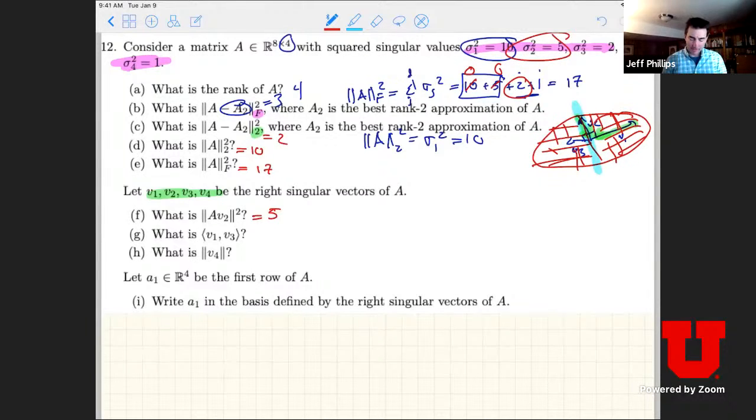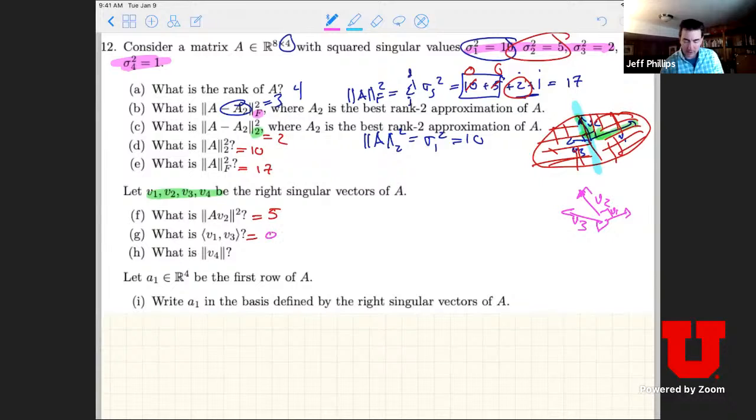Okay, next. What is the dot product of V1 and V3? Well, these are orthogonal. I have V1, and V3 is coming out of the board, and these are also supposed to be orthogonal, a bit hard to draw, but it's orthogonal with all the other ones.